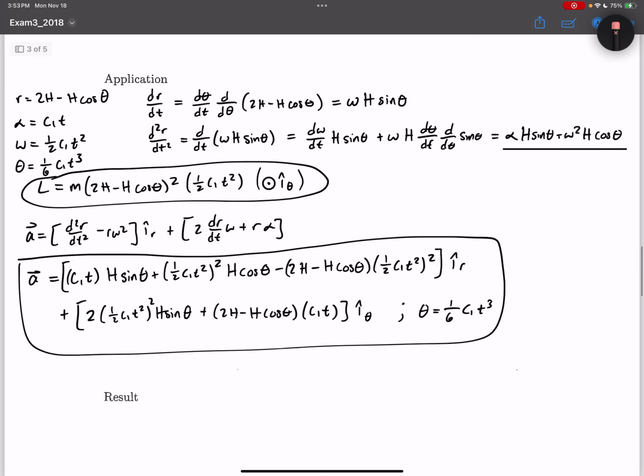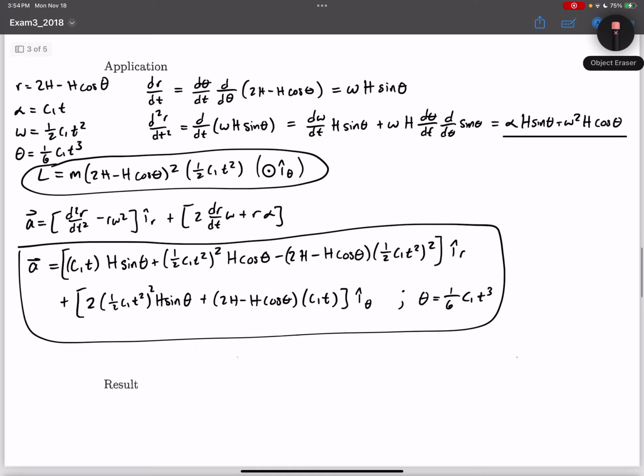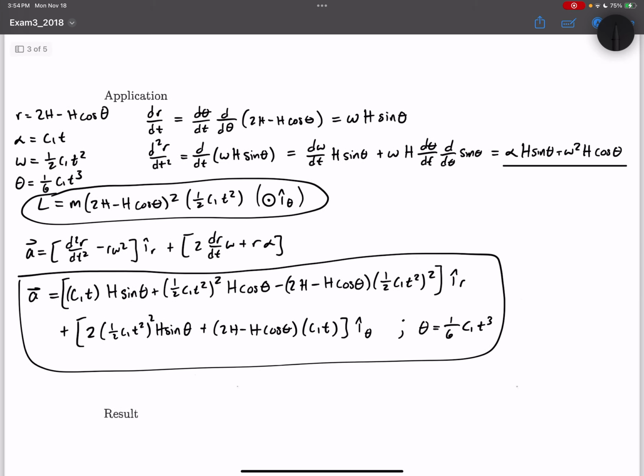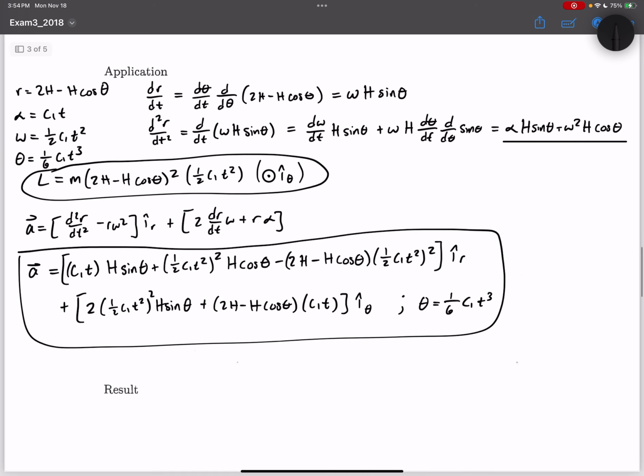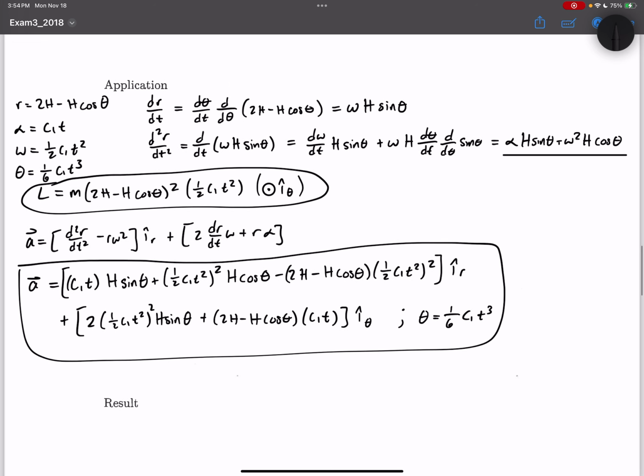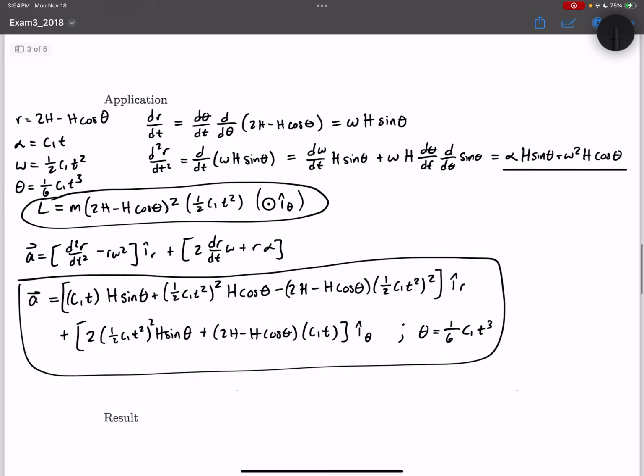And then we want to take a second derivative of the radius, or the derivative of this, basically just taking another time derivative, which we can do this time. We just use the product rule, and so since h is a constant and omega is an unknown variable, we take the derivative of omega.